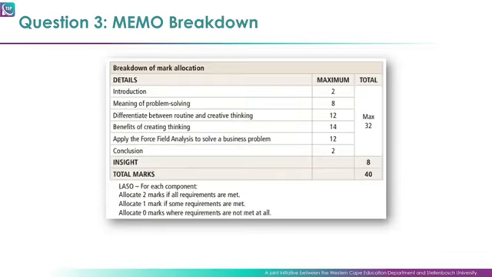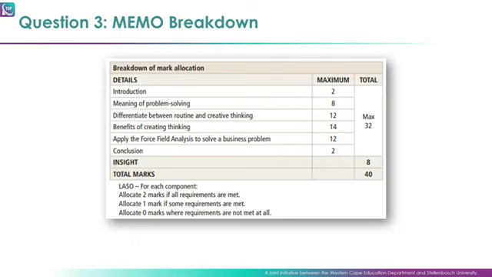Lastly, just to give you details of the breakdown there, the introduction, then you've got your 4 possible subheadings with the conclusion and the maximum allocated marks. You can see there, the maximum that we can give is 32, but more than enough marks are available to you if you're looking at the different subheadings. That also refers to the FLASO at the bottom there as well, looking at the 2 marks allocated for layout and so on.